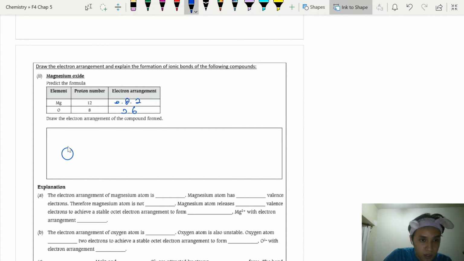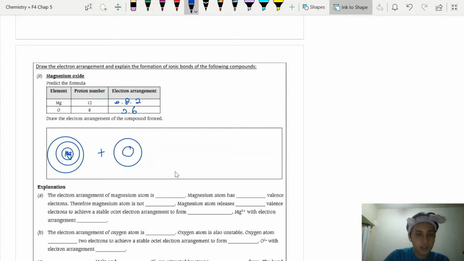So magnesium is 2 8 2, Mg, plus oxygen, which is 2 6. Now we start the drawing part.